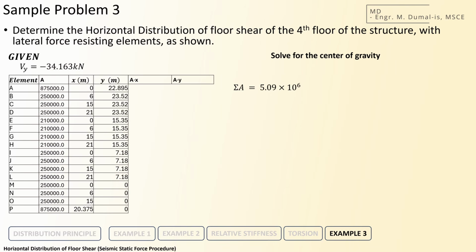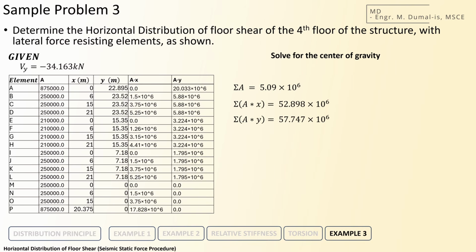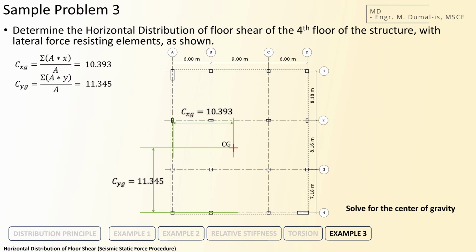Multiply each element's x location by its area, A times x, and y location by its area, A times y. Summing these weighted values gives us sigma AX and sigma AY. Finally, divide these sums by the total area to find the CG coordinates. In the same manner, we can also visualize the location of the center of gravity on the plan.